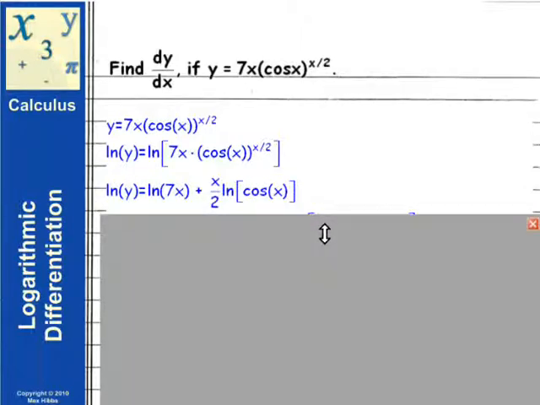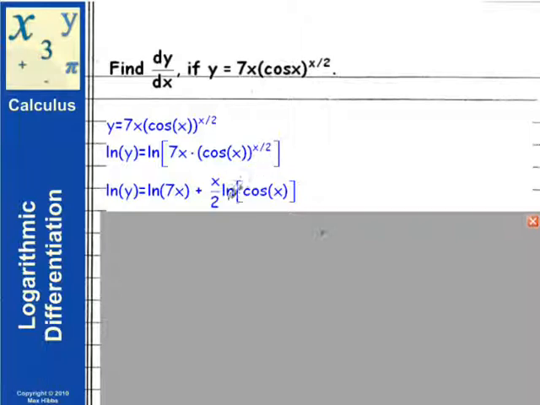Of course, what we do next is simplify the right side using the laws of logarithms. And since we have the logarithm of a product, we use the first law of logarithms that says the logarithm of a product is the sum of the two logarithms. And so I've written the right side as the logarithm of 7x plus the logarithm of this cosine to a power.